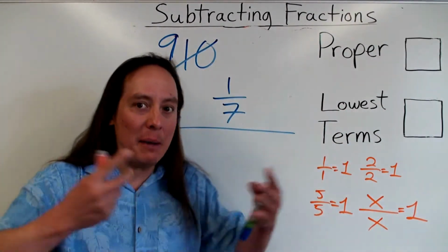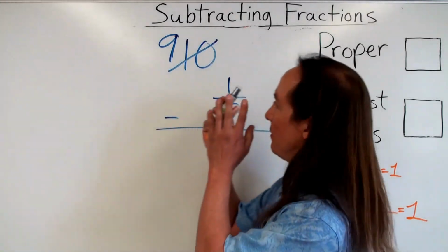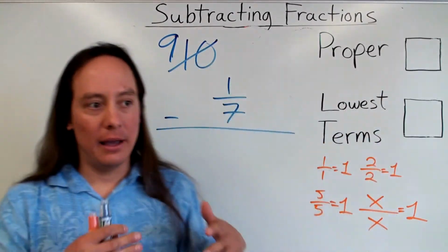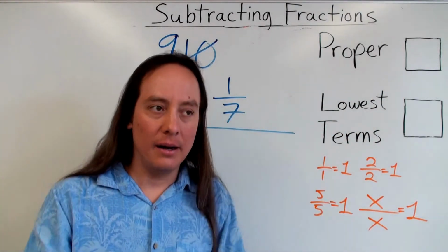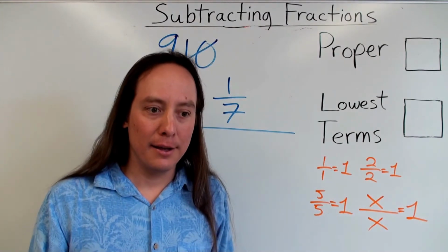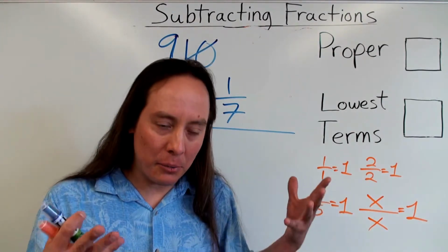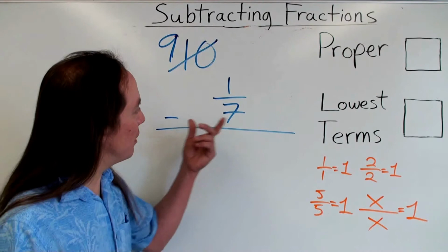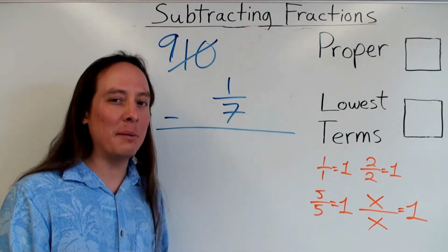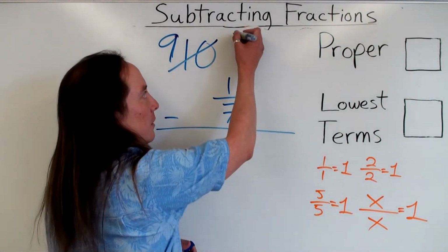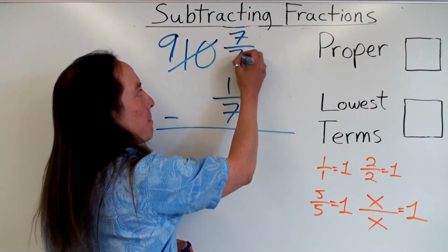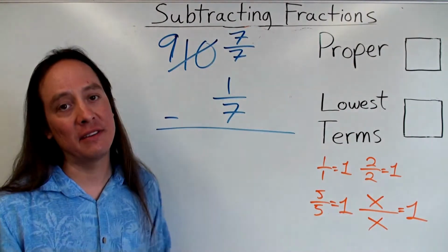So okay, I have options here. I have this whole number that I borrowed, and I have this whole number floating in the air. I'm going to pick a fraction that will make my work easier. Because when I subtract fractions, what do I need? I need common denominators. So this is what I would do. I would pick 7/7.